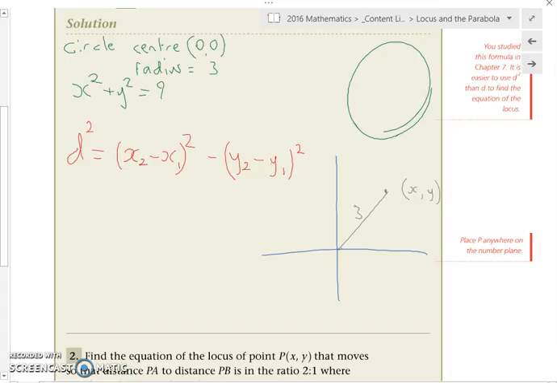And we know that it's 3 units. So this is our point P, and that's our origin O. Happy with that? So we know that the distance PO equals 3. Therefore, PO squared equals 9. Happy with that?